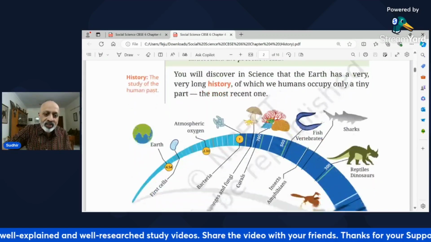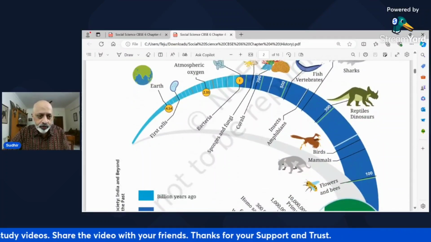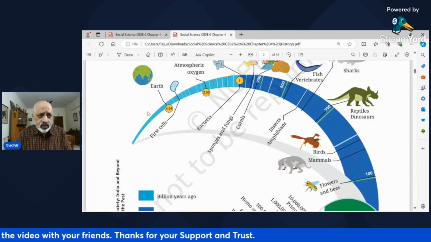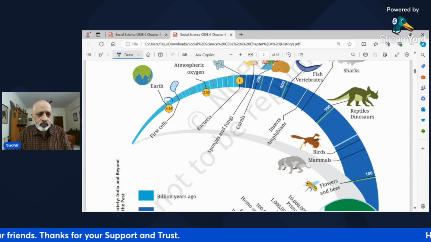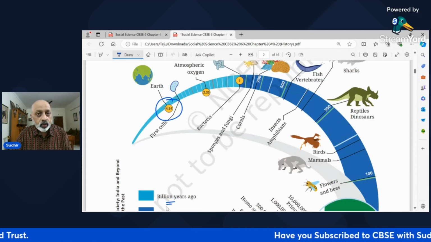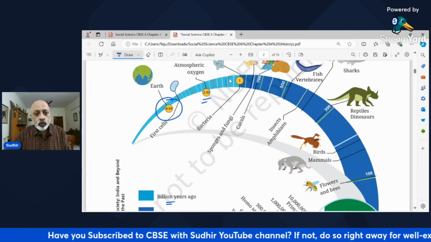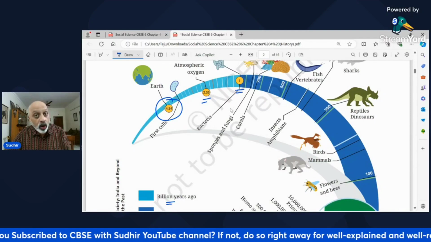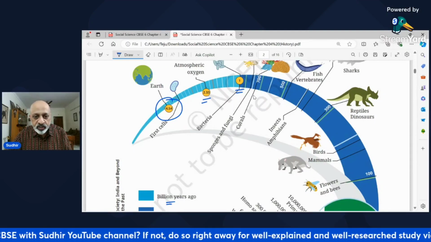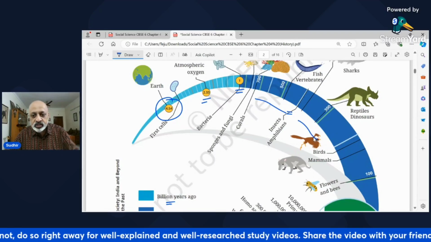So now look at the history of the planet, the human past. You had the earth coming into existence some 4.54 billion years ago. Then you had atmospheric oxygen about 2.3 billion years ago. Then you had bacteria about 1 billion years ago. Then fungi, corals, insects, amphibians, these are all in million years ago.